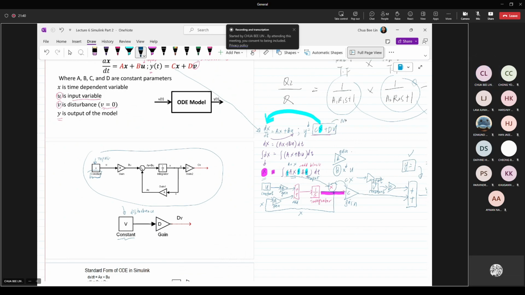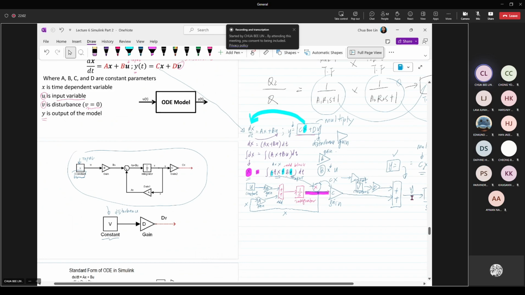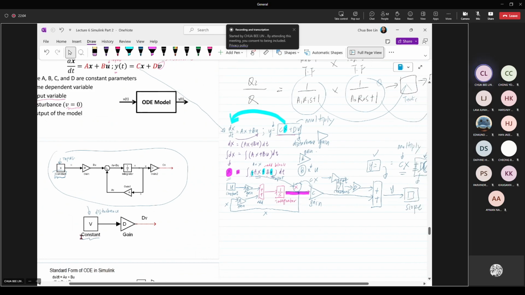Multiply means you have to include the gain block. So that's why I put my D here. It is because my V is the disturbance. So disturbance input should all be placed first. Then go in, so dV plus Cx, because x is here, so dV plus Cx is equivalent to your y. Okay, so this is the solution we have for this one.